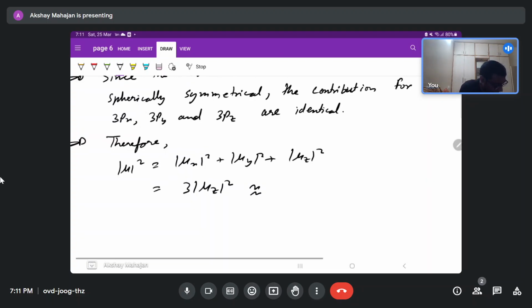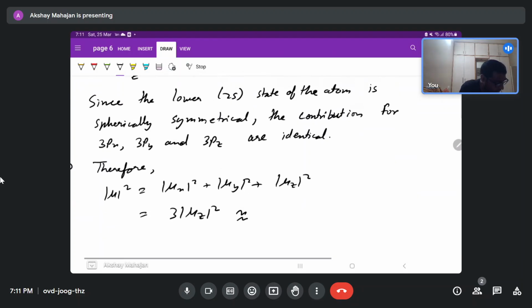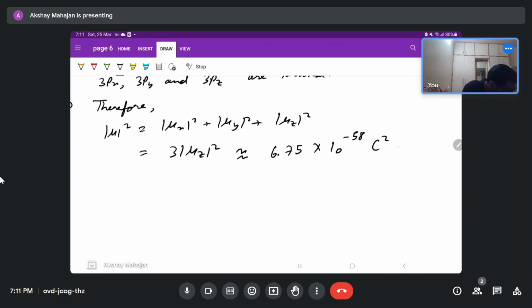We have already calculated this value, so we just have to take the square of this and multiply it by 3, which is approximately equal to 6.75 times 10 to the power minus 58 coulomb squared meter squared.